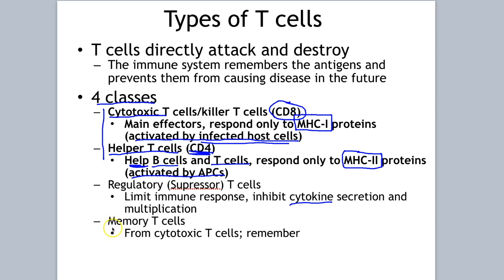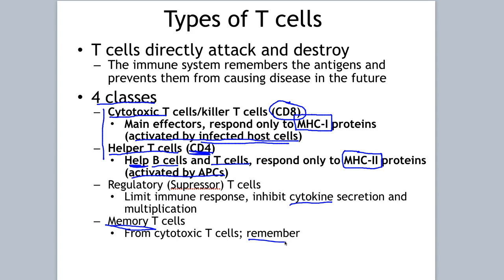And then finally, we have the memory T cells, and these are pretty important too. The memory T cells are descended from the other types of T cells, here from cytotoxic T cells, and these are the cells that actually remember the pathogen.